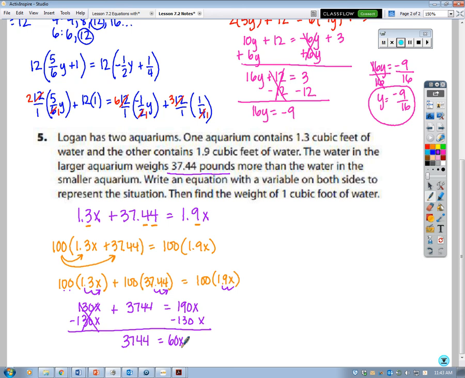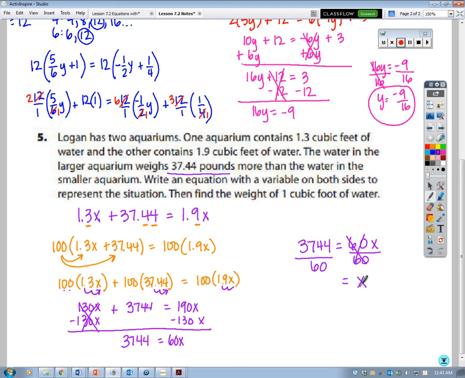And now I'm going to rewrite this over here, 3,744 equals 60x. This is multiplication, right? So I need to divide by 60. Divide by 60. And I should get the value of 1 cubic foot of water, right?